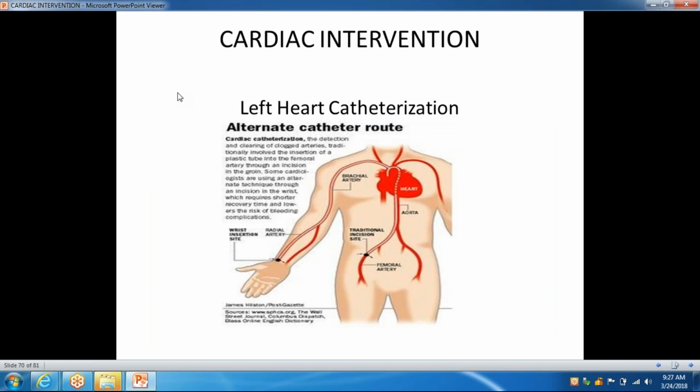So again, our approach to a left heart catheterization, we can do vascular access. We can get to the left heart, we can get to our coronary vessels by, and the two most common procedures right now is going through the wrist, where we go through the radial artery, or we can go through the groin, where we go through the femoral artery.